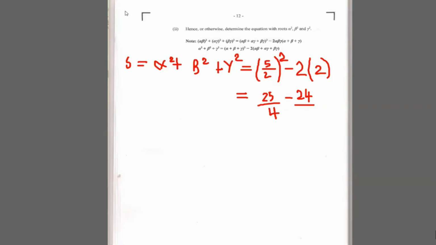I can write 4 as 16 over 4. And 25 over 4 minus 16 over 4 is 9 over 4.